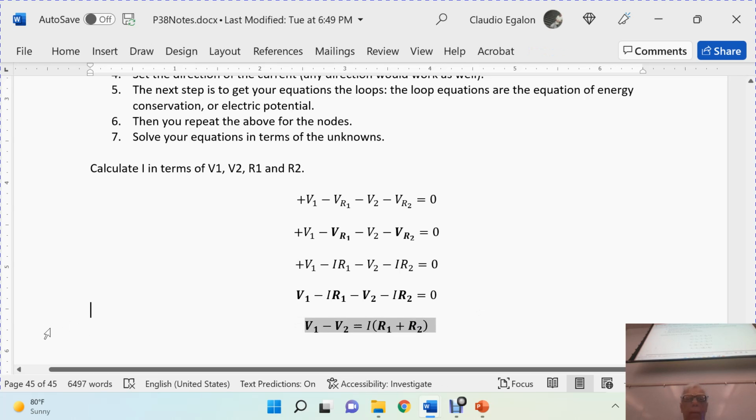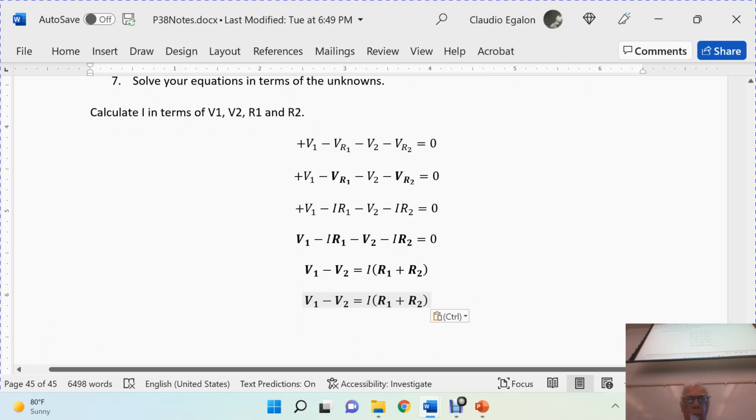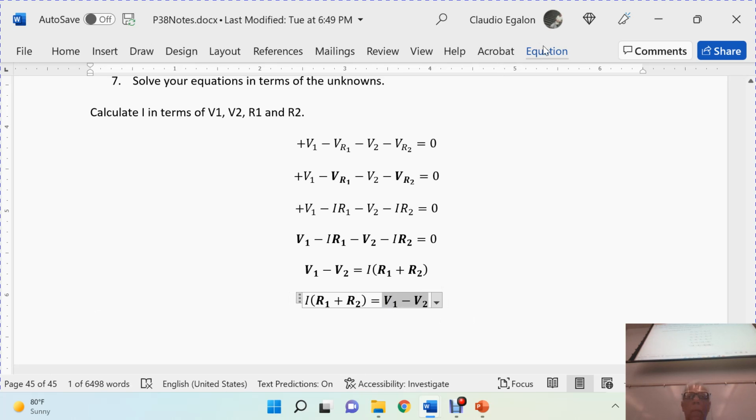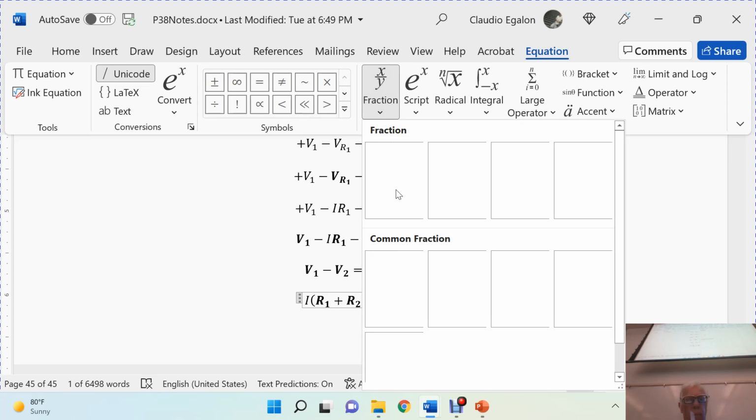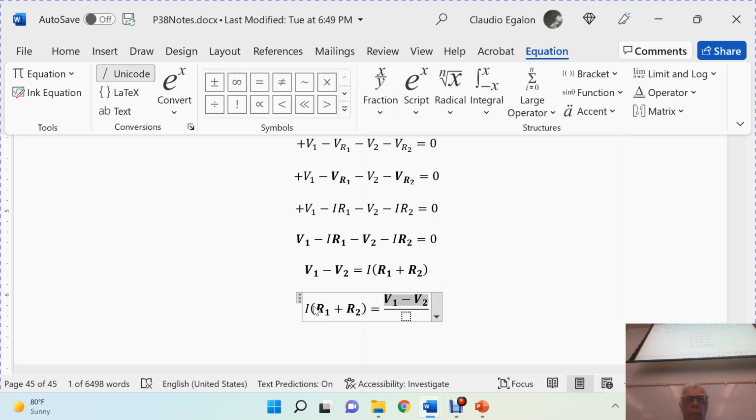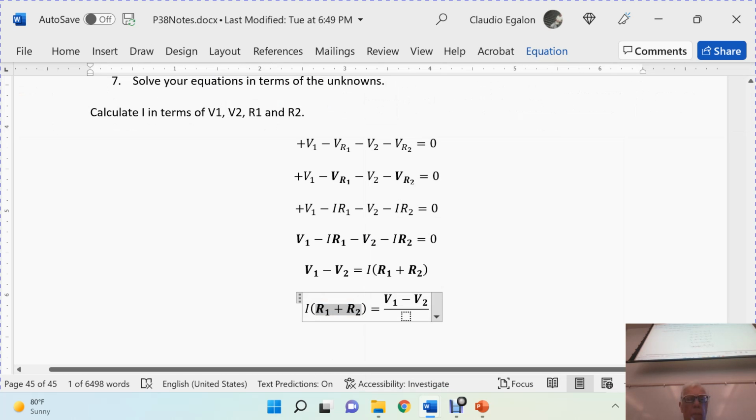And now I can solve my equation. Here you go: I equals V1 minus V2 over R1 plus R2.